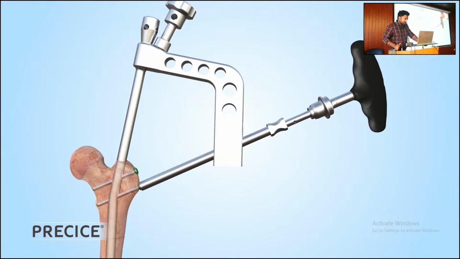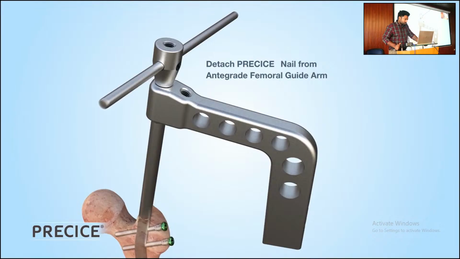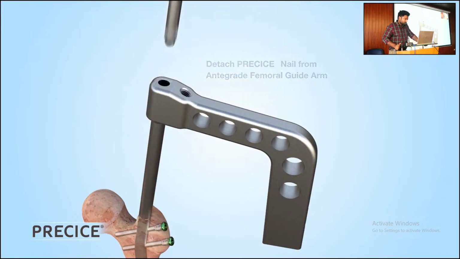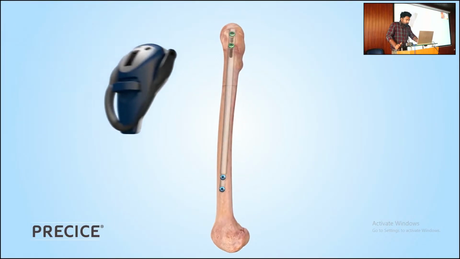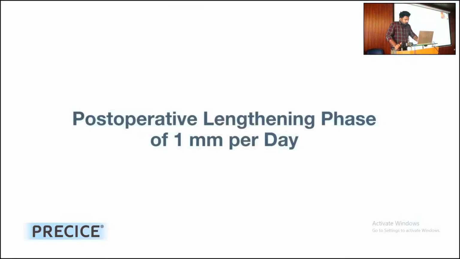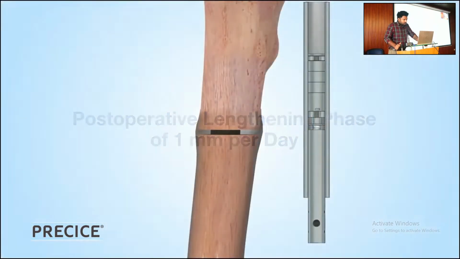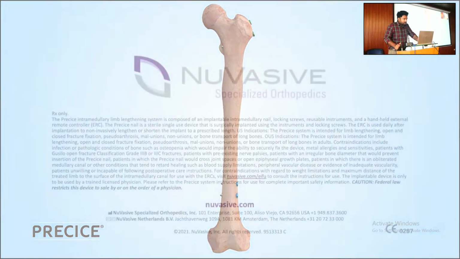Cephalomedullary. Usually 0.7 to 1 mm per day.